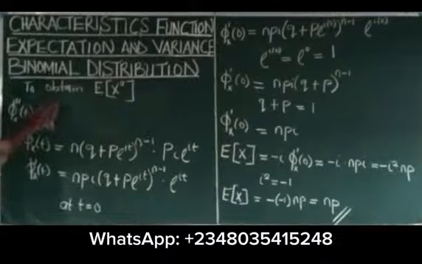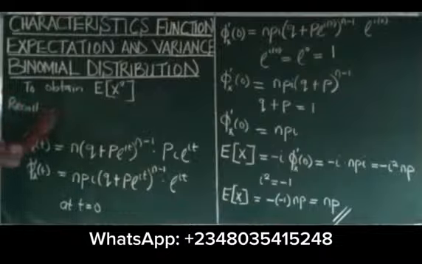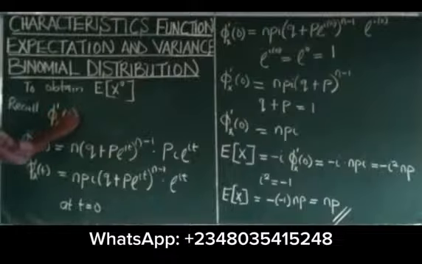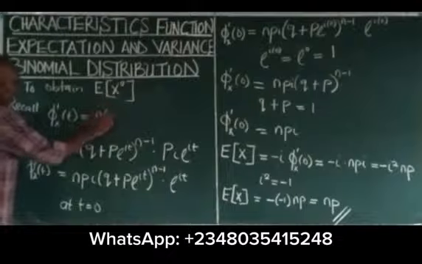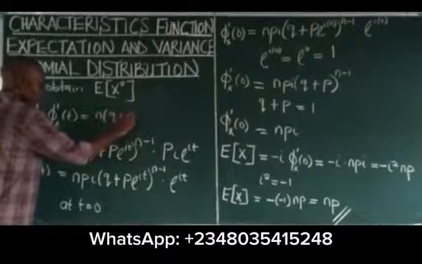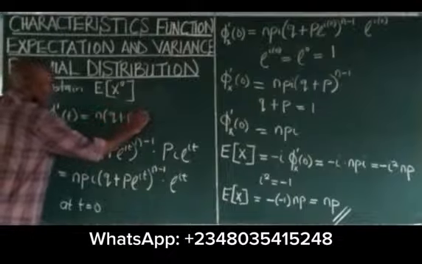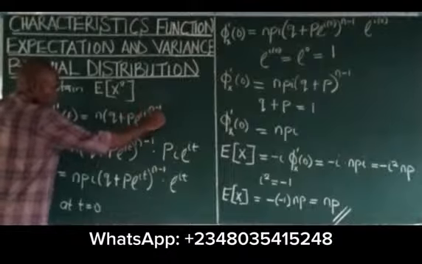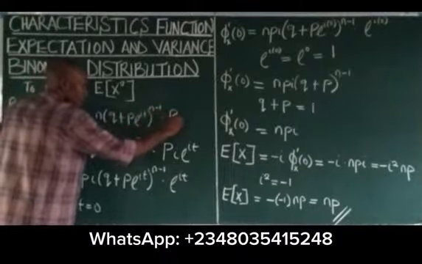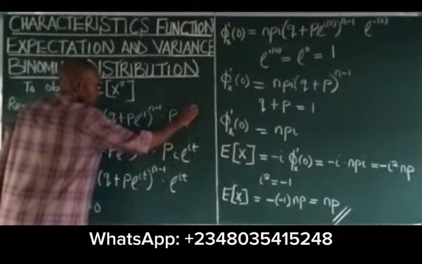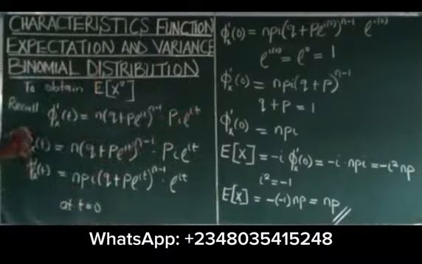What we need to do first is to recall that the first derivative will give us n (q + p e^{it})^{n-1} multiplied by pi e^{it}. So we can now clean this.